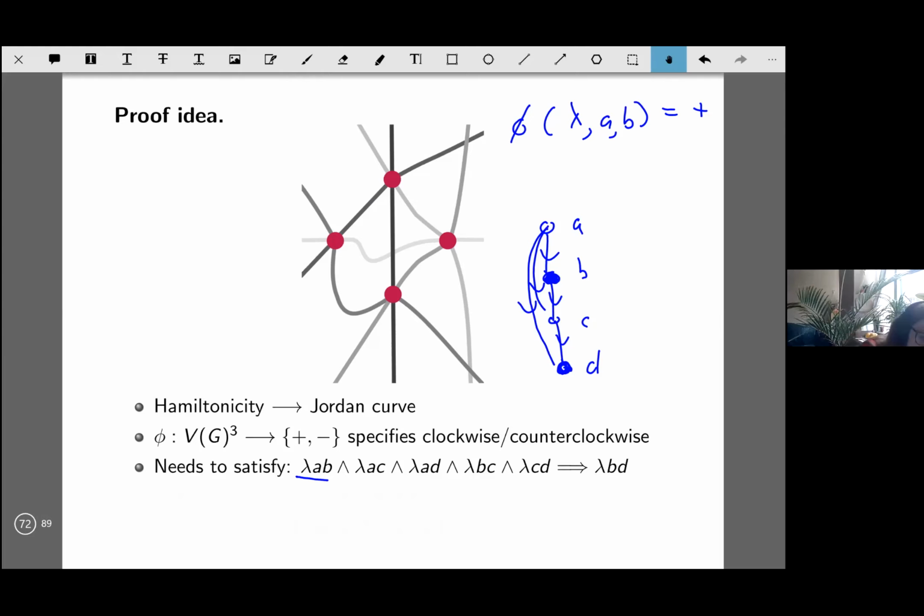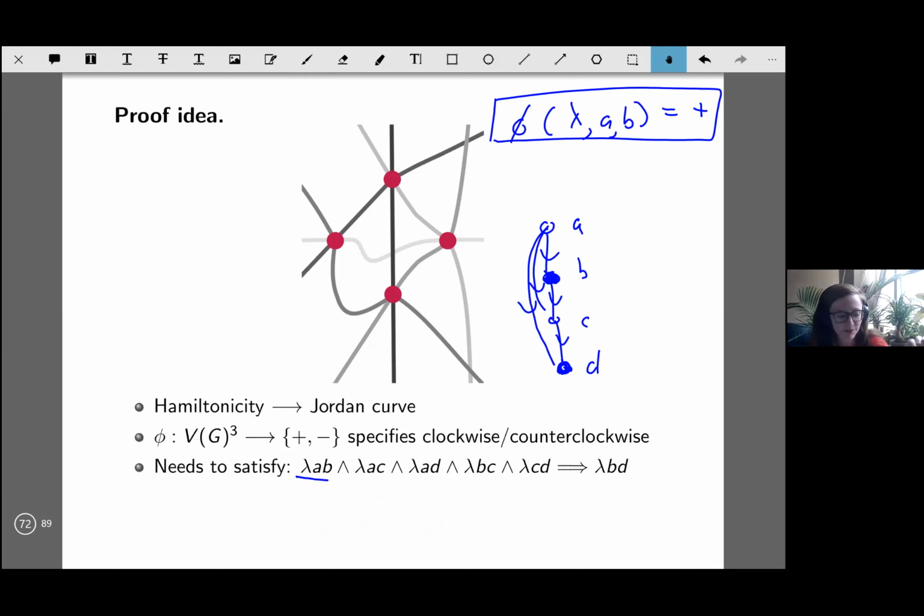Now, I want to say also, why did I choose plus here instead of minus? Well, one follows from the other. It's not obvious why, but it ends up being true that saying this relation for the clockwise direction implies it for the counterclockwise direction.